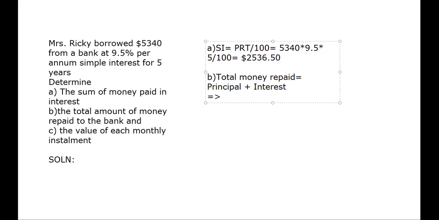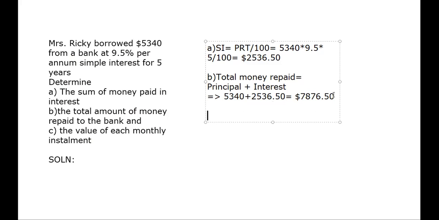So we have to add that and repay the bank. 5340 plus the interest we just worked out, 2536.50, which is equal to 7876.50. All right, and that's the total amount there.